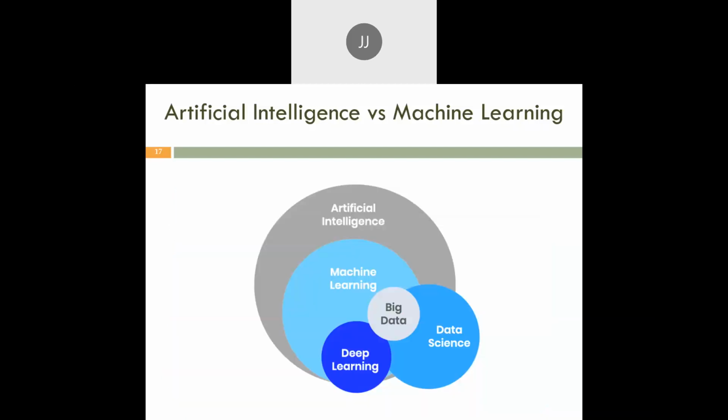So this is another description of AI and ML. The machine learning is a subset of AI, in which they are used in big data, and also used for data analysis, and deep learning is part of the machine learning that could be applied to perform data analysis.